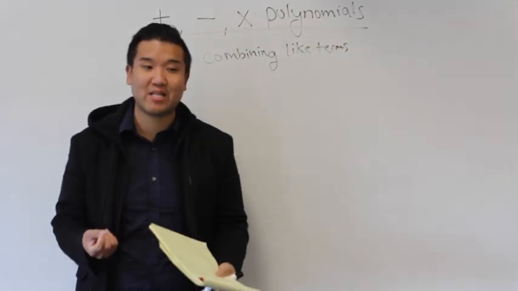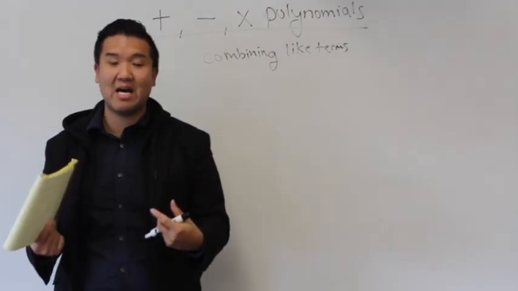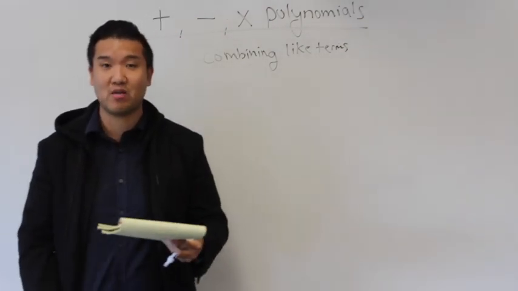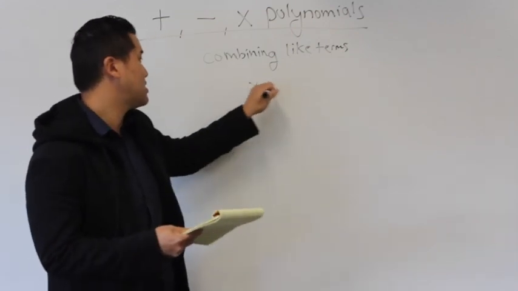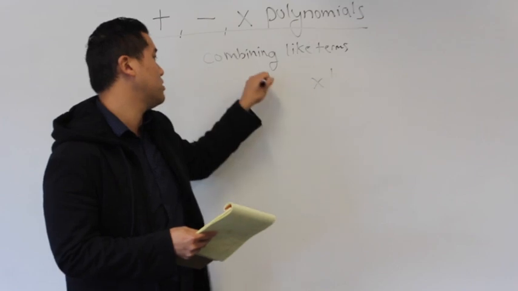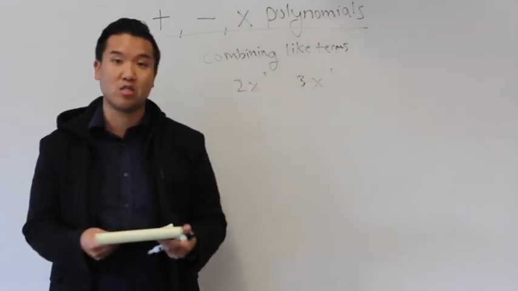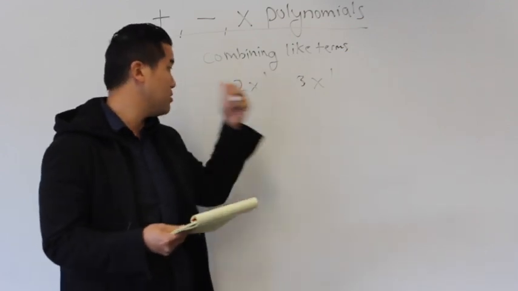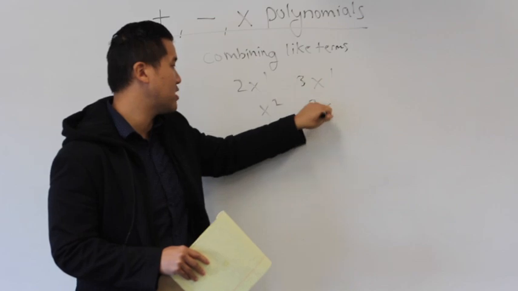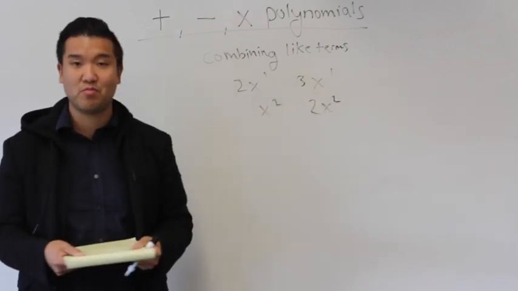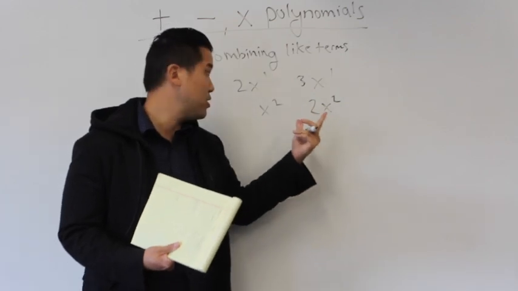What does it mean by like terms? It just means you're going to combine values that have the same exponent corresponding with the same variables. So x and x, they have a highest degree of 1. They are like terms because the variable is x and the highest exponent is 1. Like x squared and 2x squared, those are like terms because they have a variable of x and an exponent of 2.